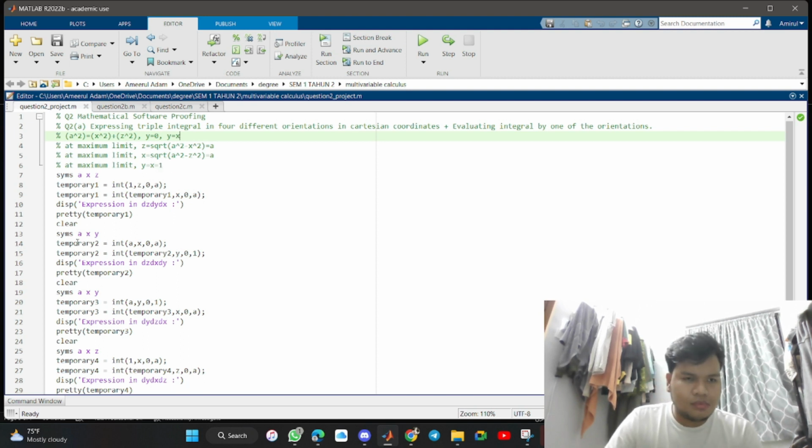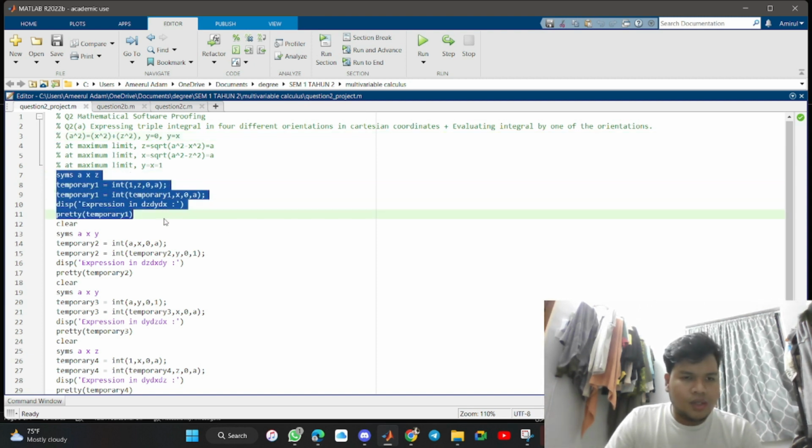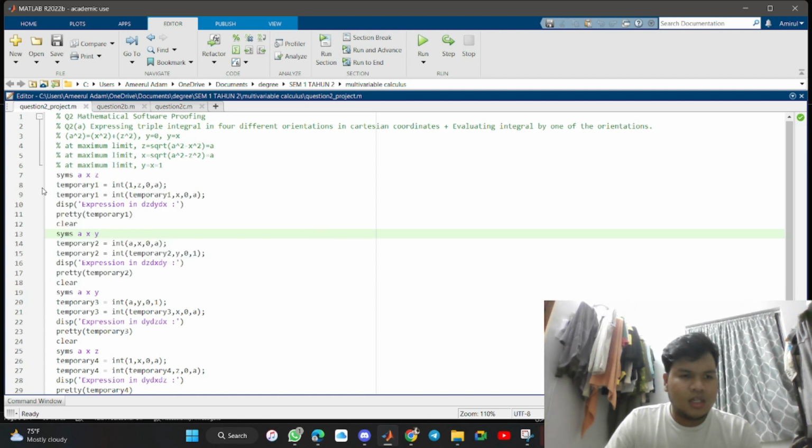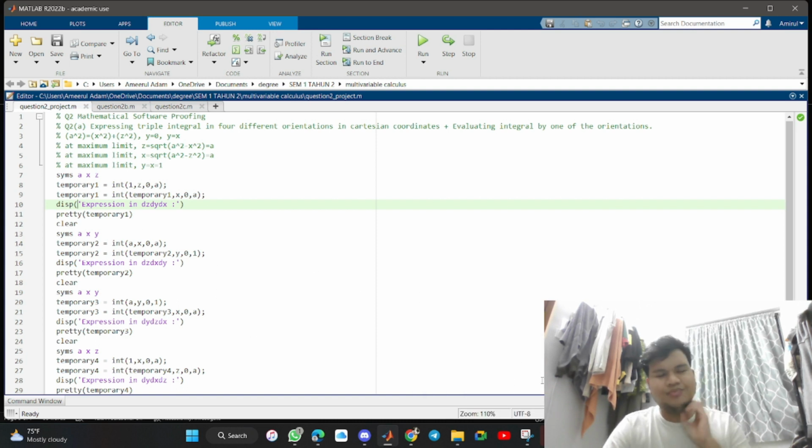So we integrate the equation here, and then we put the temporary for the integration of the first expression.